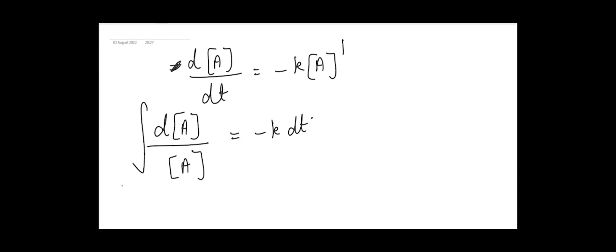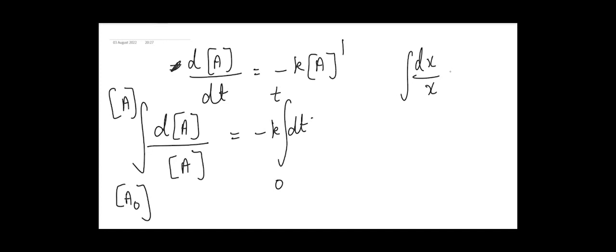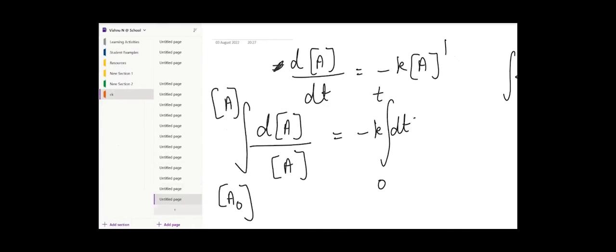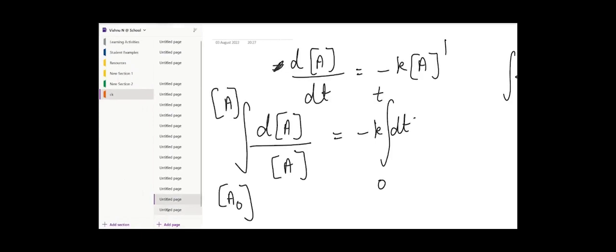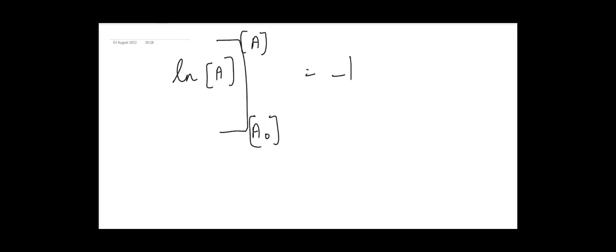Integrating both the sides, the concentration from A naught to A and the time from 0 to t, we get, since the integration of dx by x is the natural logarithm of mod x, similarly here, the natural logarithm of the variable A, with limits from A naught to A, is equal to minus k times the integral from 0 to t.